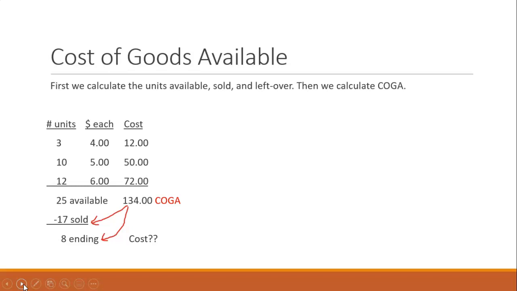Somehow I have to figure out how much of the $134 belongs to the 17 that were sold, and how much of the $134 belongs to the 8 that were in the ending inventory. Because of course I paid $4 for some of them, $5 for some of them, $6 for some of them. And so trying to figure out how much of that 134 goes to which ones, I don't know. And so I have to make an assumption and then calculate it from there.